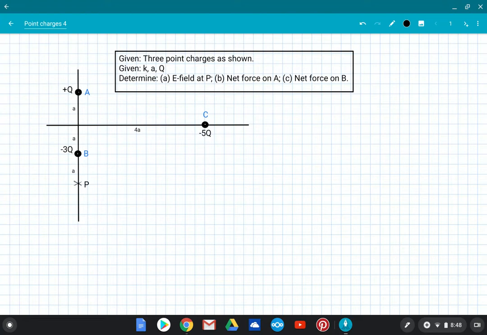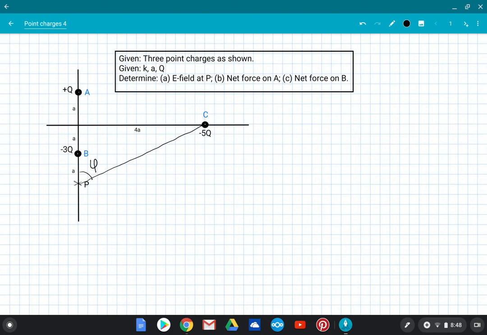So let's analyze our situation, just the physical situation first, and get some information out of that. We know that in order to find the electric field at P, what we're interested in is the relationship of each charge to point P. So one of the distances that we're going to care about is the distance between C and P, and we're going to care about that angle too.